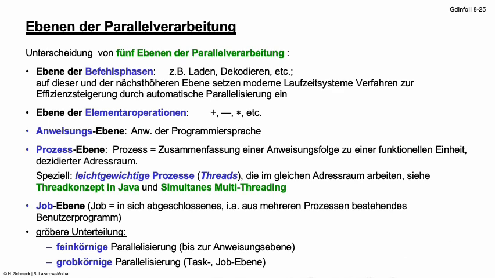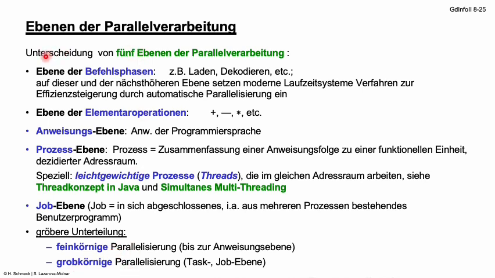So parallel processing can basically happen at different levels. There is one finer division of this into 5 different levels of parallel processing, and we also have a more coarse division into fine-grained parallelization and coarse-grained parallelization.